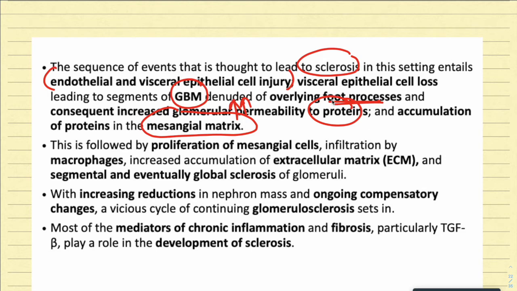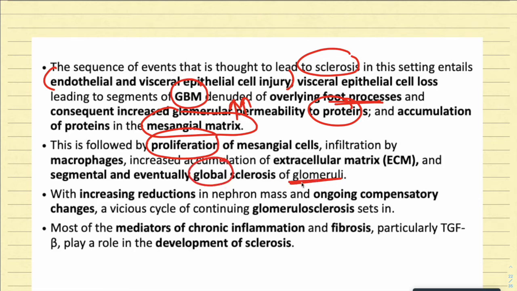So whatever damage occurs to the visceral epithelial cell or to the glomerular basement membrane will ultimately lead to the accumulation of proteins in the mesangial matrix. Once these proteins start to accumulate in the mesangial matrix, they will cause proliferation of the mesangial cells, other mononuclear cells, and even excessive formation of extracellular matrix, and eventually global sclerosis of the glomerulus will happen.